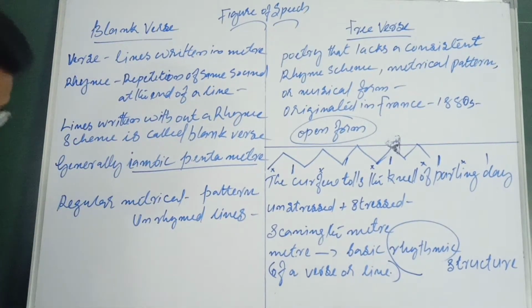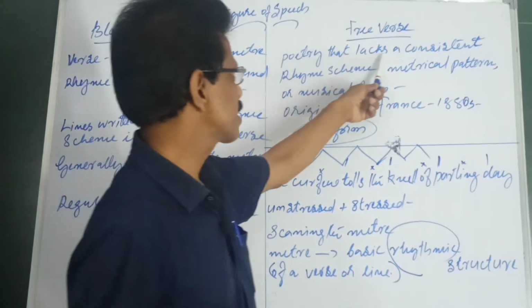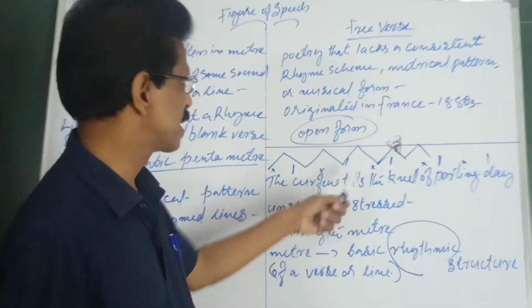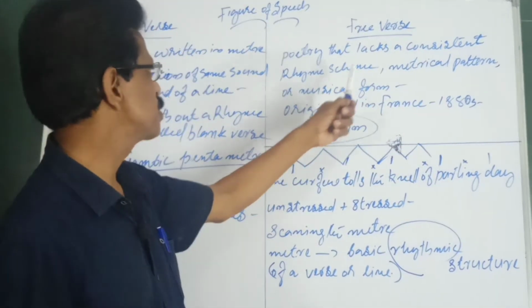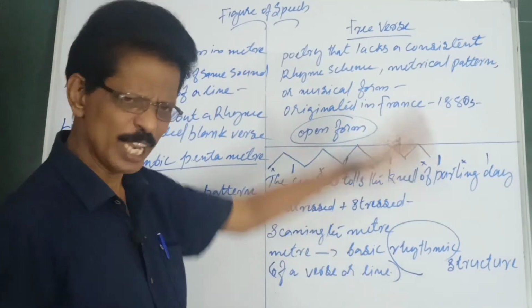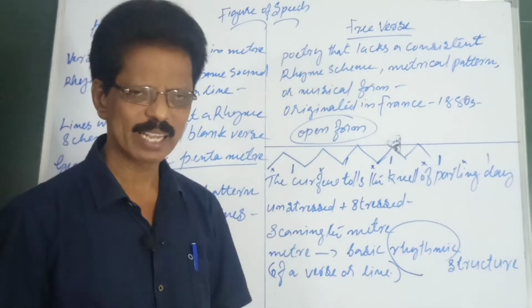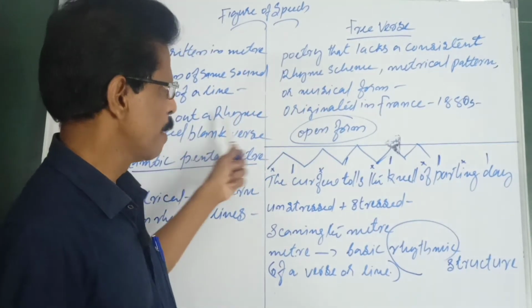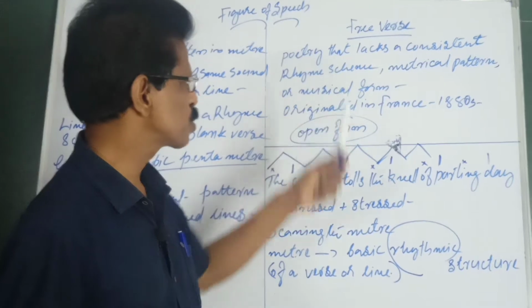Whereas free verse is poetry that lacks a consistent rhyme scheme, metrical pattern or musical form. Any of these things, see, will not be there. It lacks everything: a rhyme scheme won't be there, a metrical pattern won't be there, a musical form also won't be there.